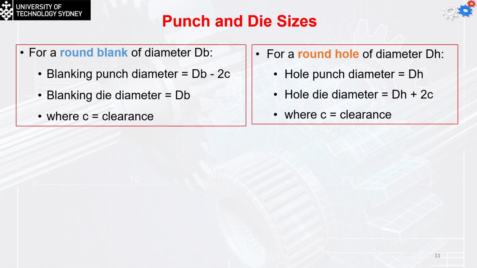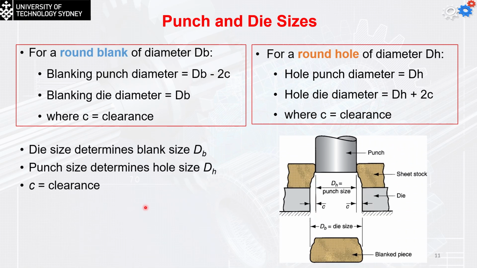So you can see that in the case of blanking, the punch diameter is going to be smaller than the die size, whereas it's going to be the opposite in the other case. So the values we're talking about are going to be here.